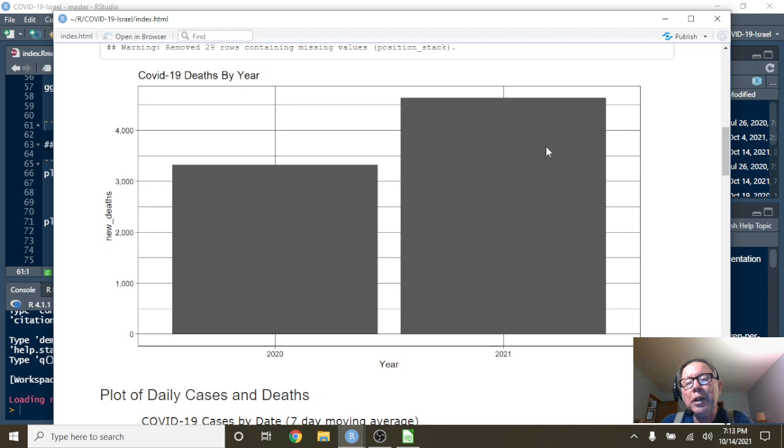Now the question again: how many of these people were vaccinated? So the question is, of course, how many of these people are vaccinated and what is the distribution of these deaths over time?